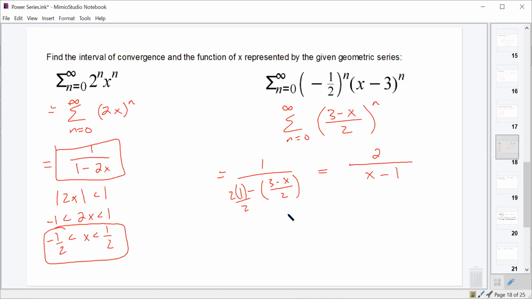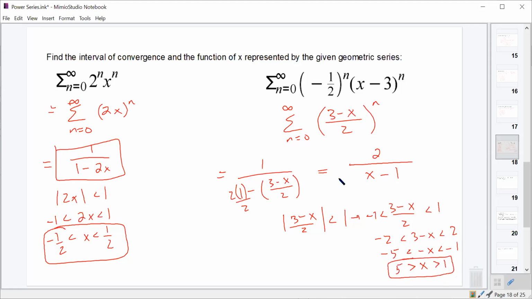And we should be able to take the absolute value of 3 minus x over 2 and make it less than 1. And that would give us what? -2 and 2, and -5 and -1, and x is greater than 1, less than 5.